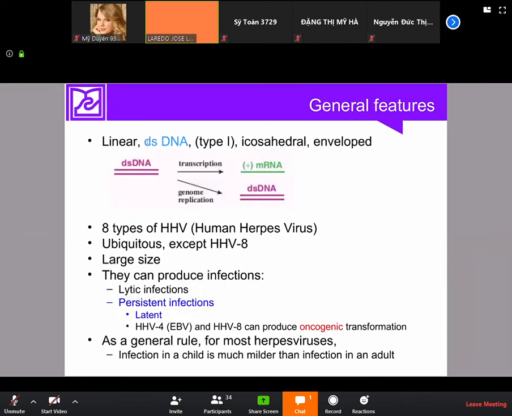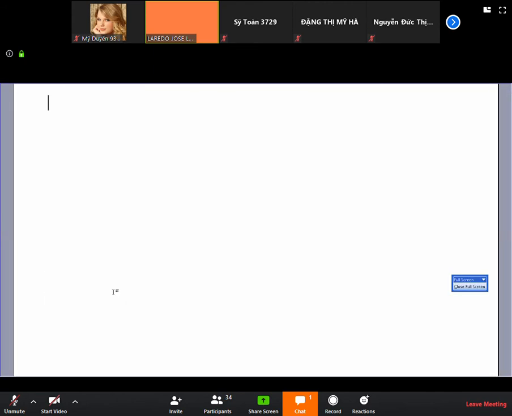They are double-stranded DNA, so type 1 of Baltimore, with linear nucleic acid, icosahedral capsid, and envelope. The only thing that you have to remember is that they have double-stranded DNA, okay? And we classify them inside the envelope viruses. 8 types of herpes viruses, but we are going to say something common for all of them.